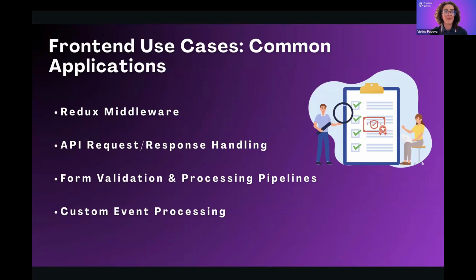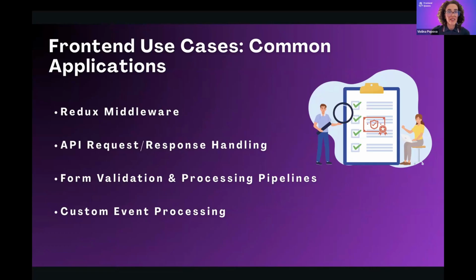Middleware can elegantly manage this pipeline. The next use case is in form validation pipelines. Instead of one giant validation function, you could have a series of middleware functions. One checks for required fields, another validates email format, another checks password strength. Each one processes the form data and either passes it along or returns an error.